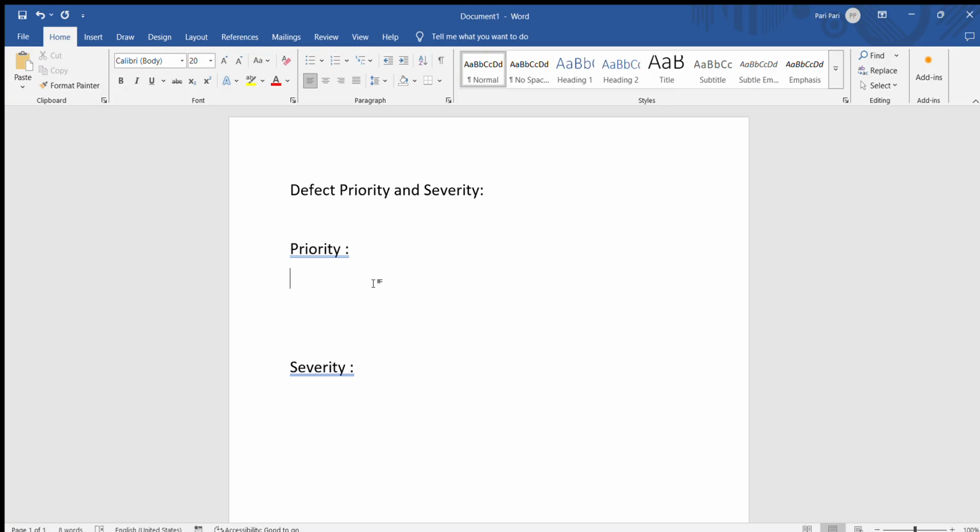Suppose you have raised one defect which has a major impact, meaning that defect is blocking most of your functionalities. Okay, so in that case, the developer should fix it as soon as possible. They have to fix it immediately.